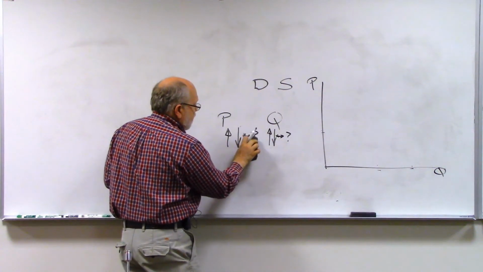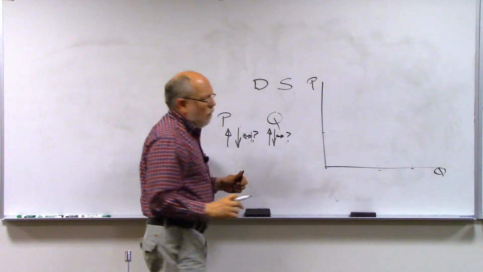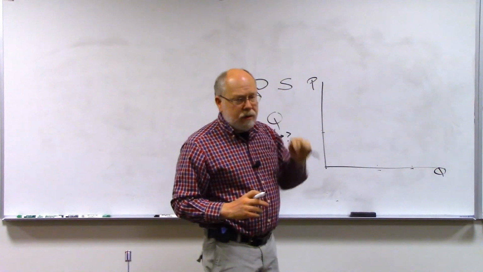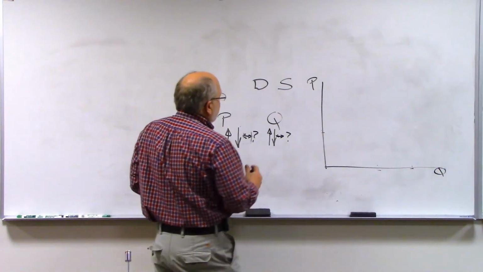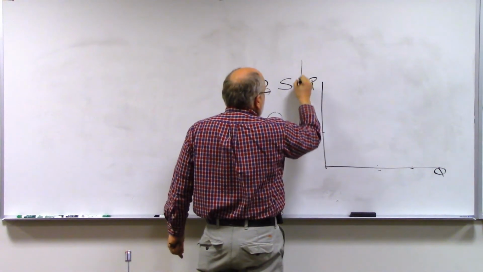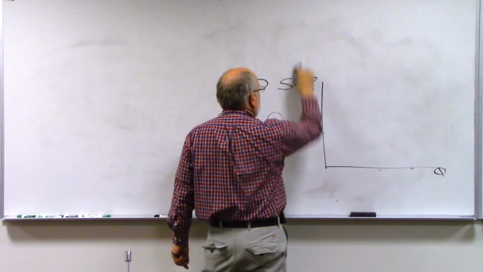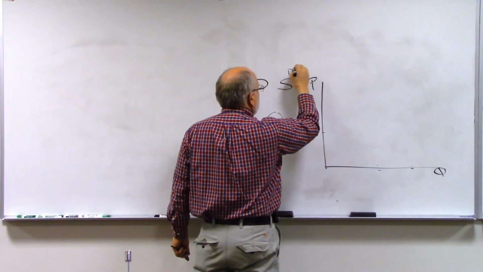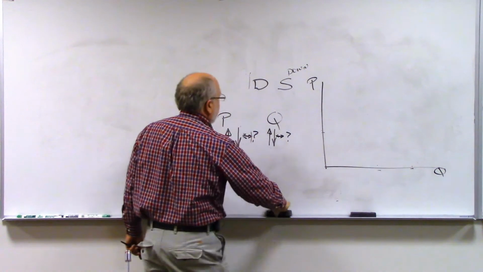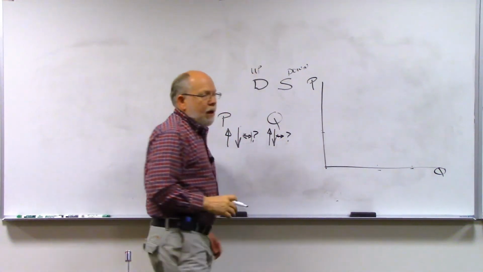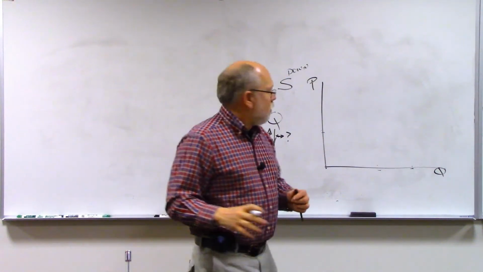What if we don't have a situation where we would know the magnitude of the change in demand versus the magnitude of change in supply? Let's just say that we know that supply is going down and demand is going up. So I won't even put an arrow there. I'll say down. It's shrinking. And demand is going up.